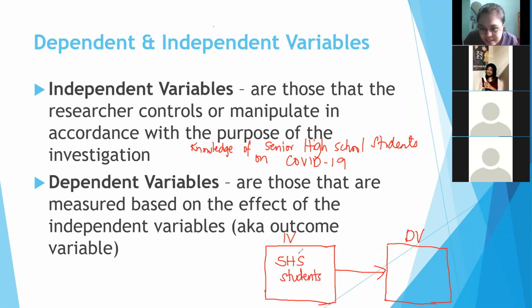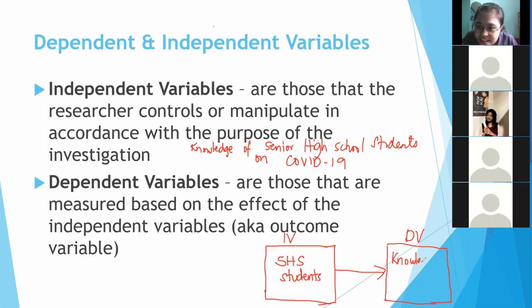Tapos, sa atuang pag-investigate sa ilaha, ang atuang makuha outcome kay ang ilahang knowledge on COVID-19. So, mauna siya atong makuha sa ilaha. That's the dependent variable. Pag imuha daw ni silang i-investigate, ma-measure na to ang ilahang knowledge on COVID-19.